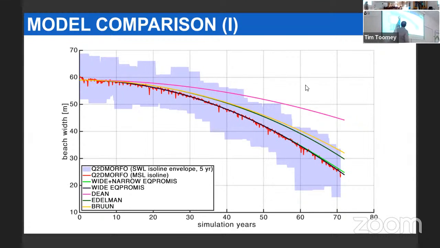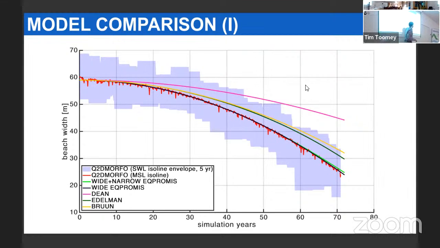So you can see this model goes quite far compared to other ones, and that's because first it did not consider the emergent part of the active profile, and also because it uses average conditions, but at the breaking point.